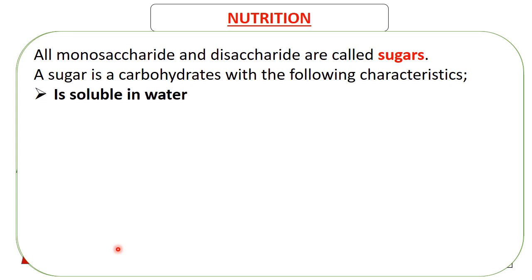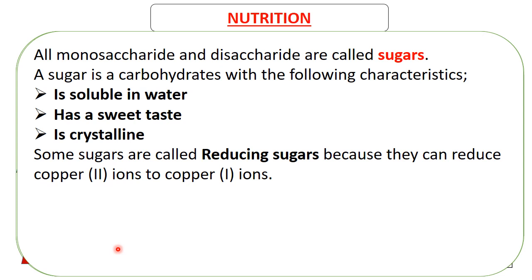So the first is it's soluble in water. When you put sugar in water, it dissolves. Secondly, it has a sweet taste. And thirdly, it is crystalline. Crystalline is the appearance of a grain of sugar. When you pick one grain of sugar, the way it looks with corners, that's what it means to be crystalline.